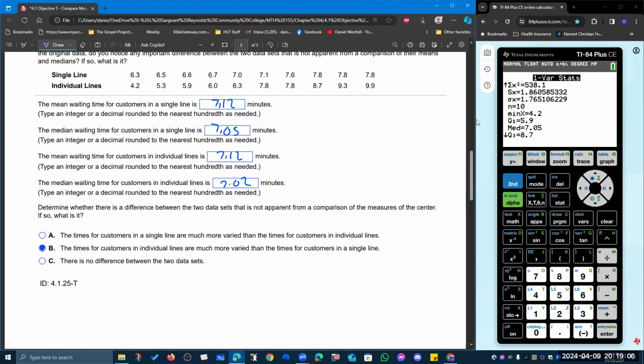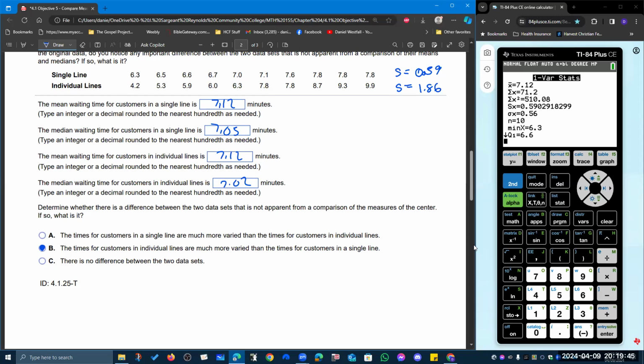But if I look at this number S for this group here, that I think was L2, and it's 1.86, and then this one was 0.59, you can see that there's less deviation in the single line than there is in the individual lines.